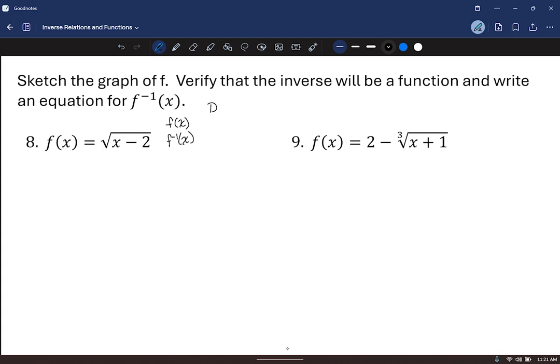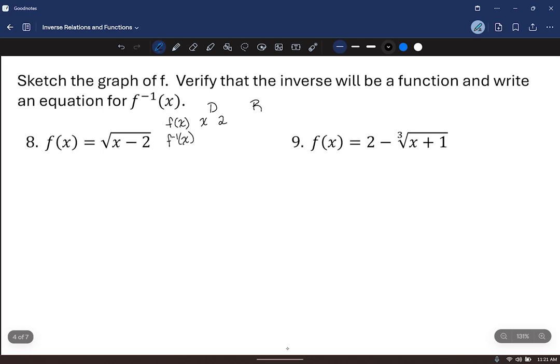So domain and range. So for the domain, we already know that x cannot be something that would give us a negative under the root. So x is going to be something to 2 because 2 minus 2 gives you 0. So pick a number that's bigger than 2, like let's say 3. 3 minus 2 is 1.